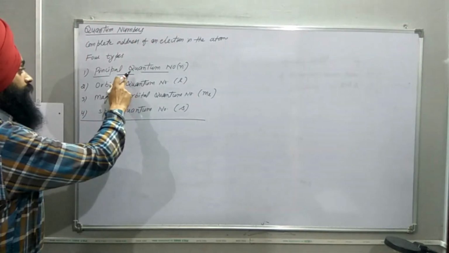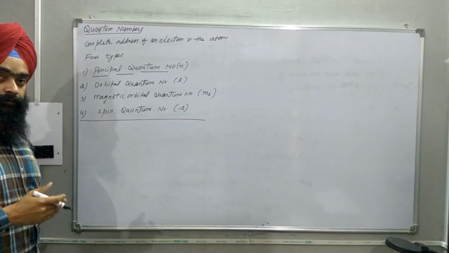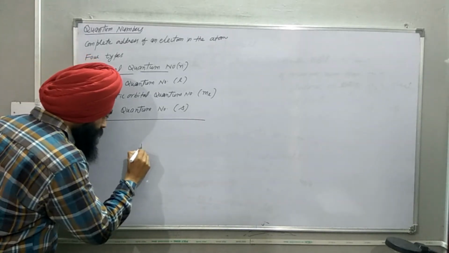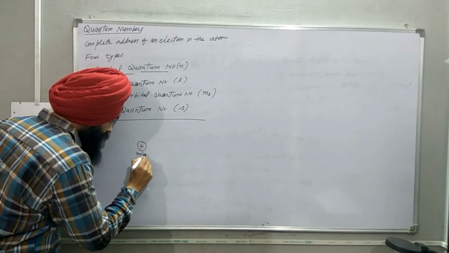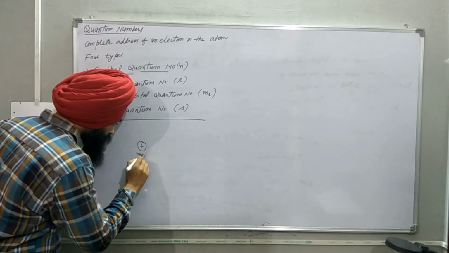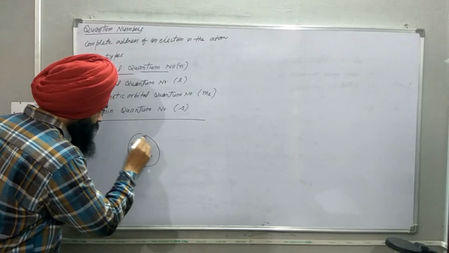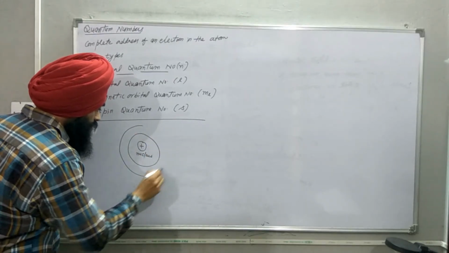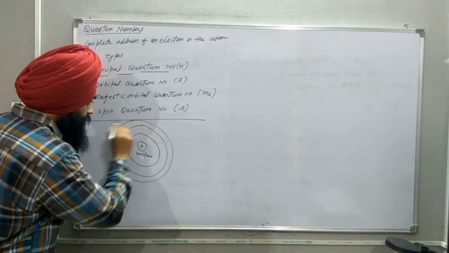So principal quantum number represents the main shell in which the electron is present. As we know that we have the positively charged nucleus, and the electrons are revolving in the orbits around this nucleus.